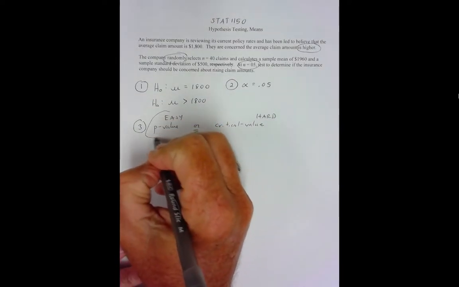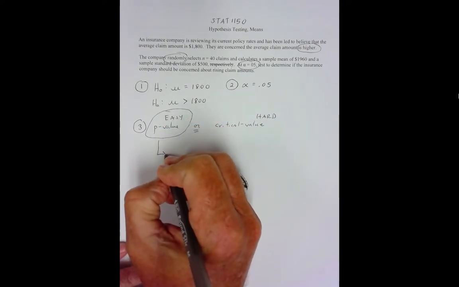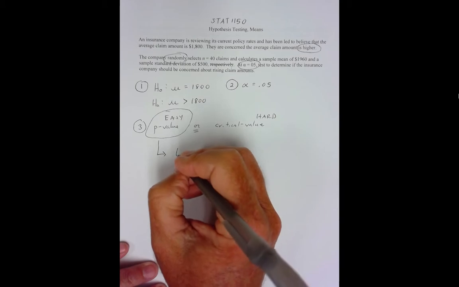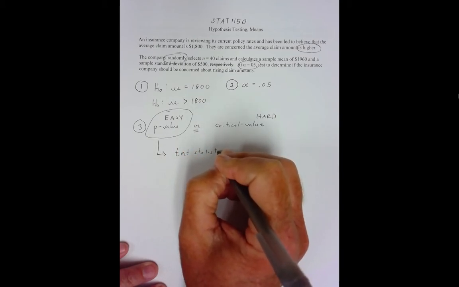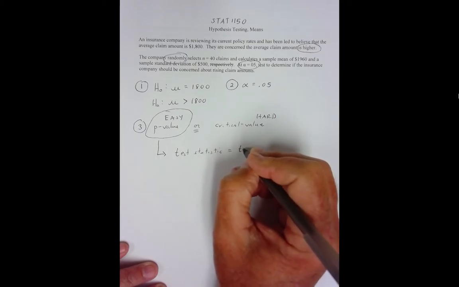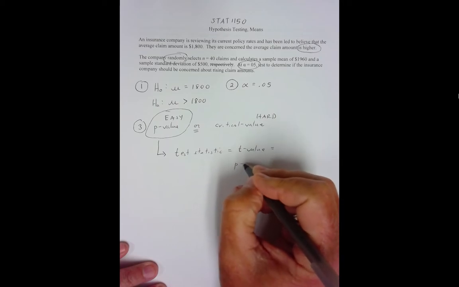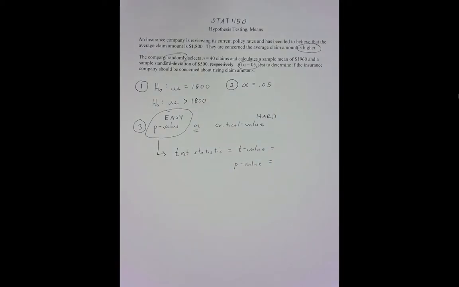I don't know about you, but when I get the choice between doing something the easy way versus the hard way, I'm going to choose the easy way every single time. So when I do that, I need to calculate two things for the p-value. I need to calculate the test statistic, which in this case is the t-value, and I need to calculate the p-value.